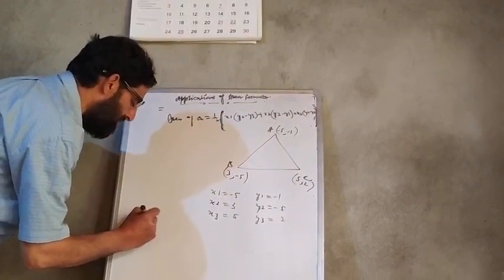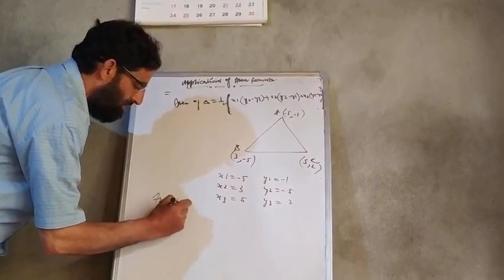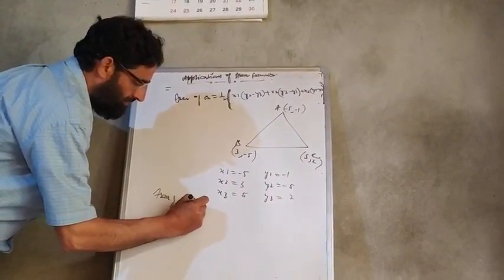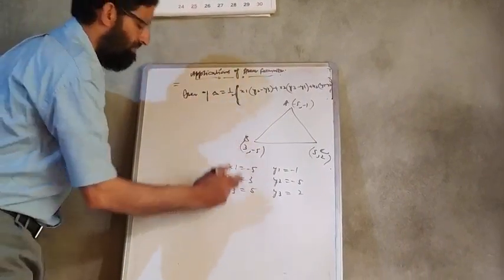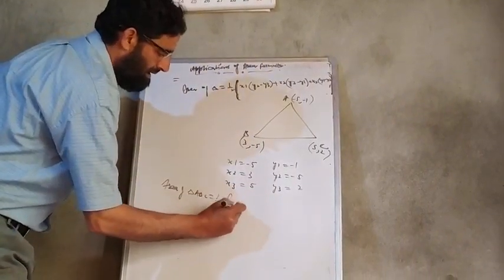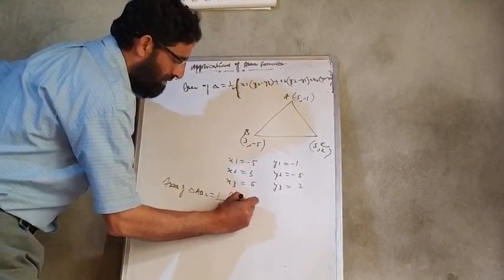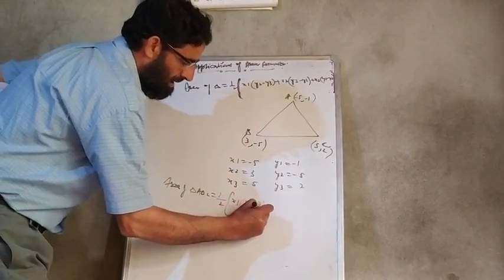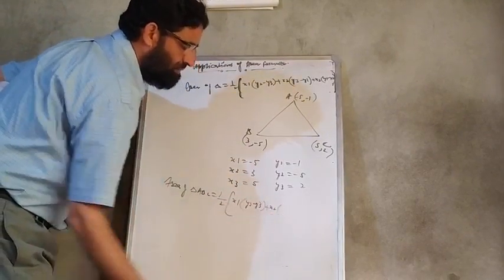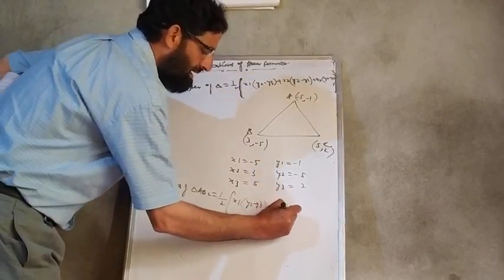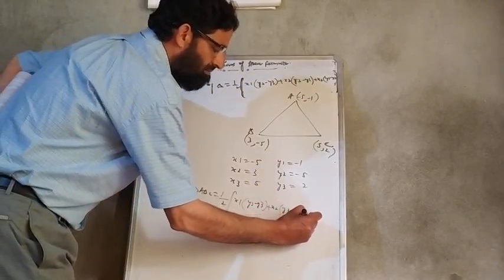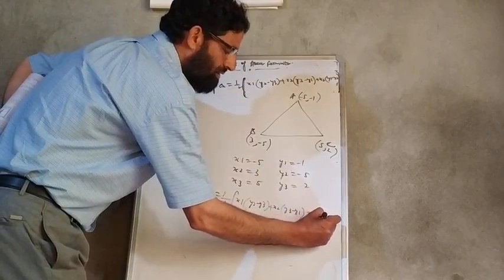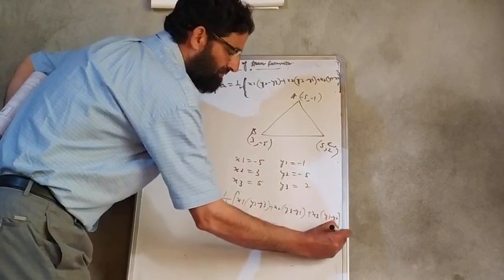Now area of triangle ABC is given by the formula 1 by 2 into [x1 into y2 minus y3 plus x2 into y3 minus y1 plus x3 into y1 minus y2].